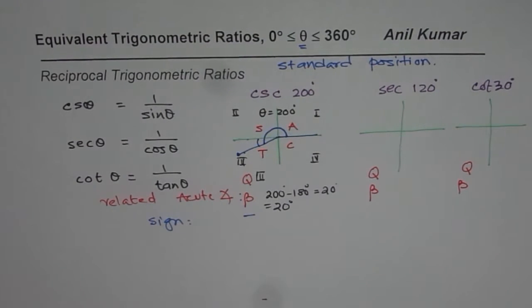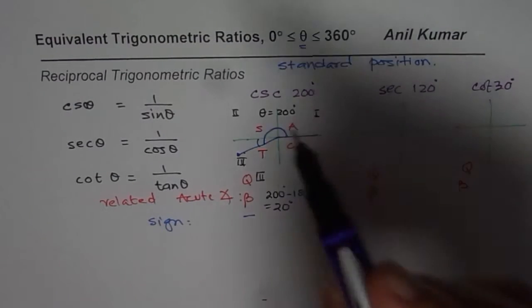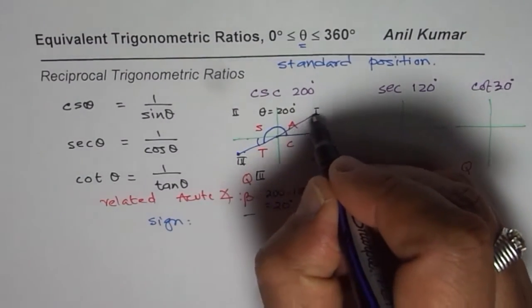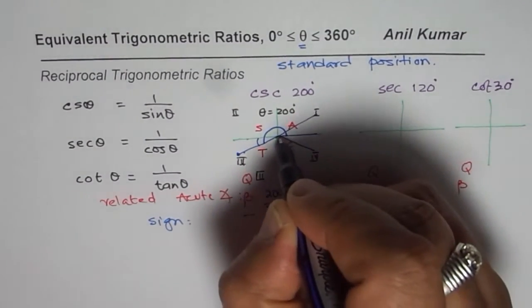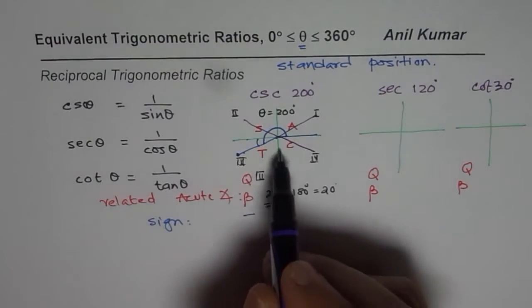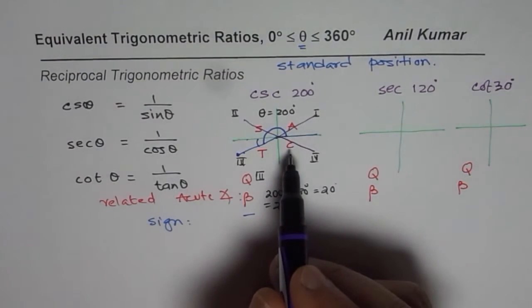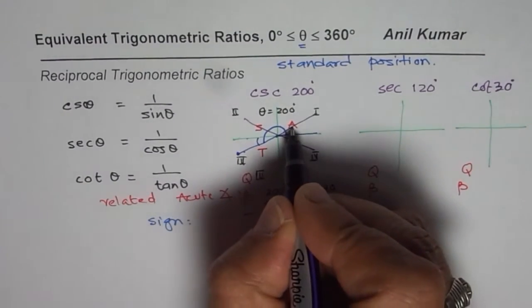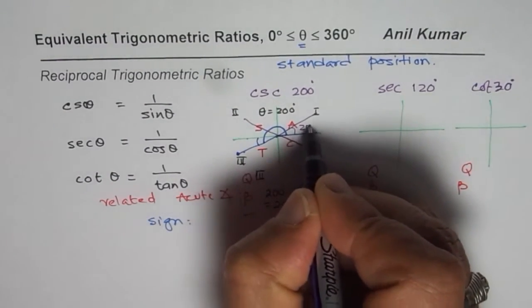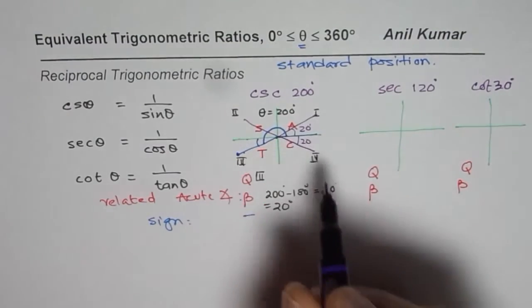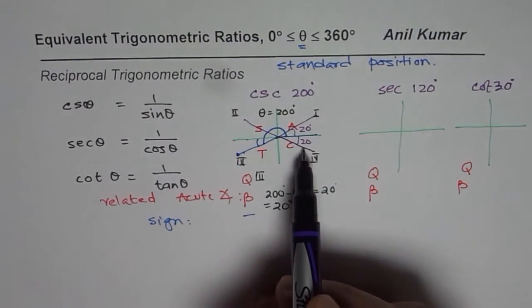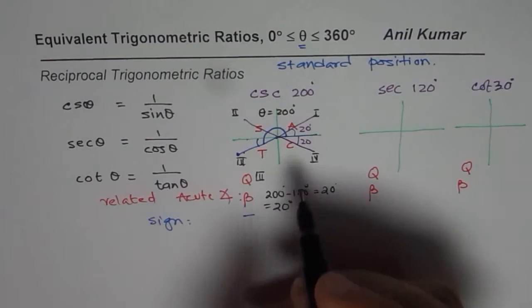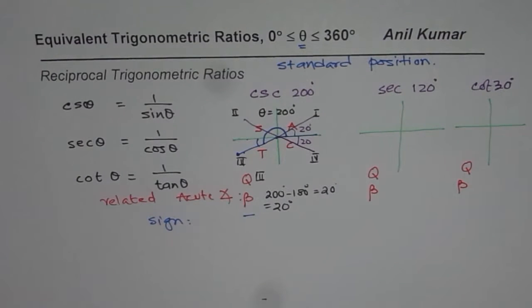And therefore, we have three different solutions which will give us equivalent trigonometric ratios, where the angle will be 20 degrees. Where we have three different positions which can give us equivalent trigonometric ratios for cosecant 200, and for each, the acute angle is 20 degrees, right? We call this the related acute angle, right? So let us write down now the answer.